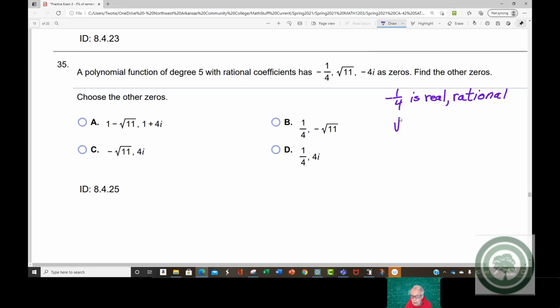But the square root of 11 is real and irrational. So it needs its conjugate. And negative 4i isn't real. It's complex.